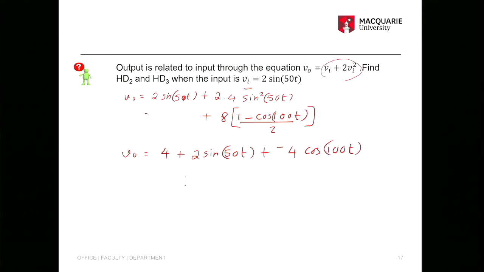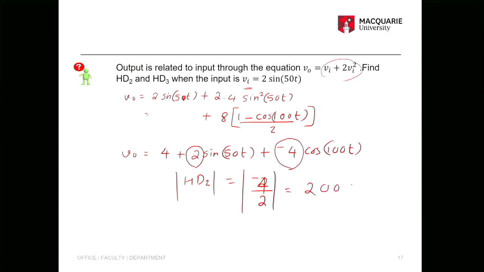So if you want to find HD2, it is this divided by this, that is minus 4 divided by 2. But for harmonic distortion, we usually take just the amplitude without the sign, because the sign doesn't matter. You're not talking about the signal output, it's just percentage distortion. So it is equal to 2 or 200%.